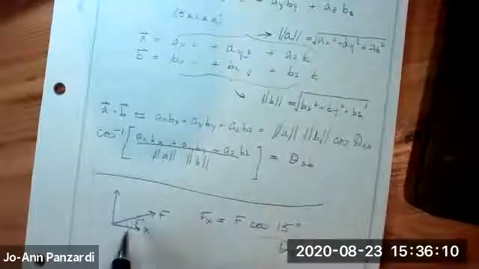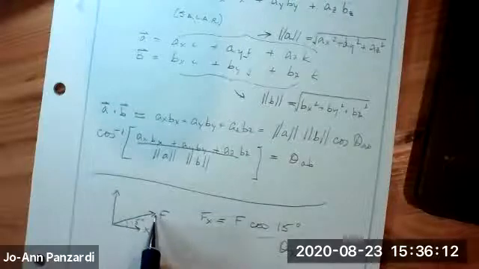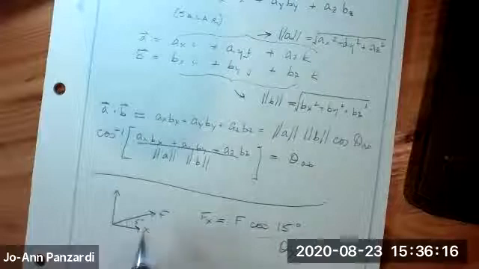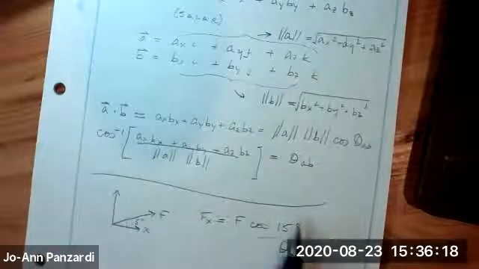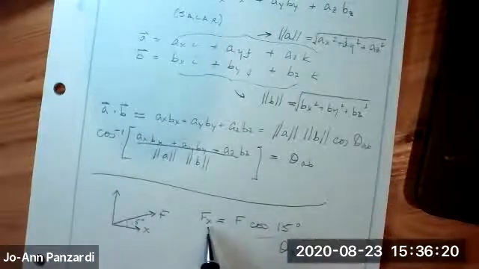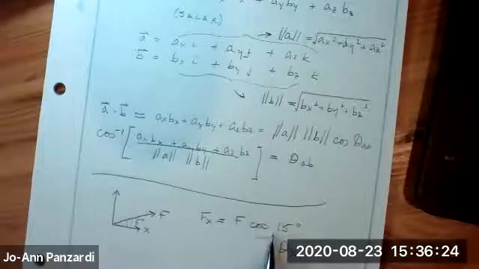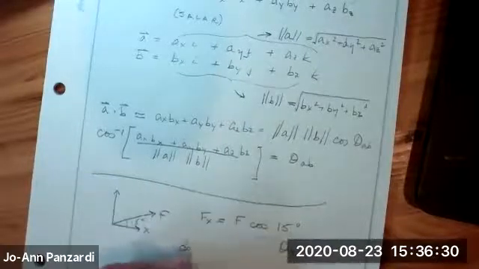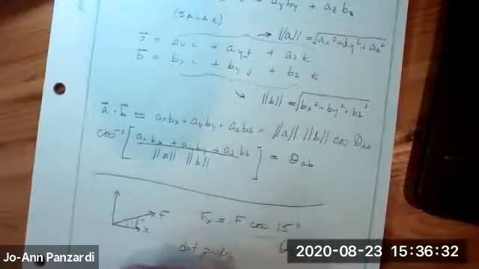It is the angle between the force in question and the positive x-axis. This looks similar in that we're using components, we're using forces, and we're using a cosine angle. In a way, this is doing the dot product.